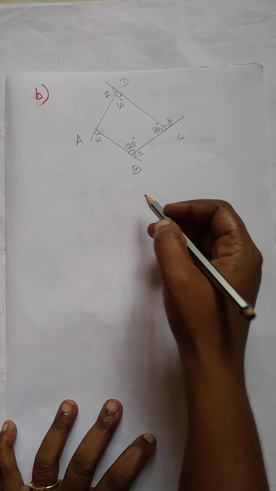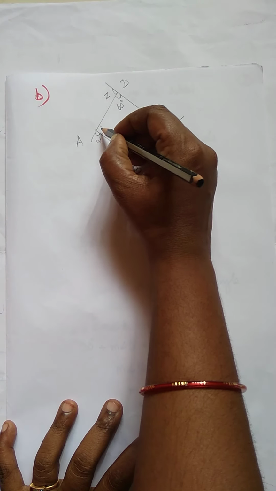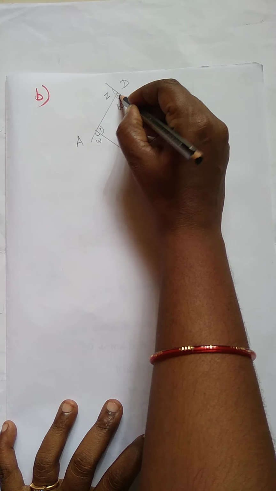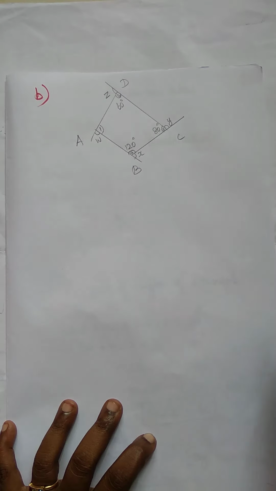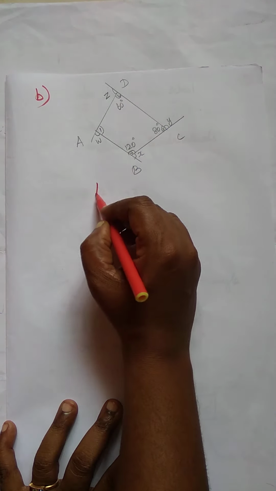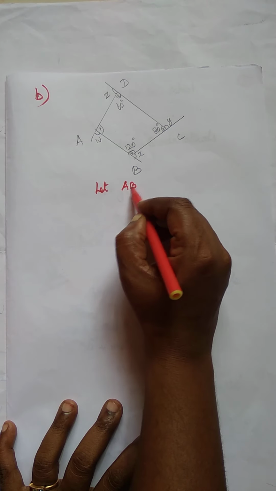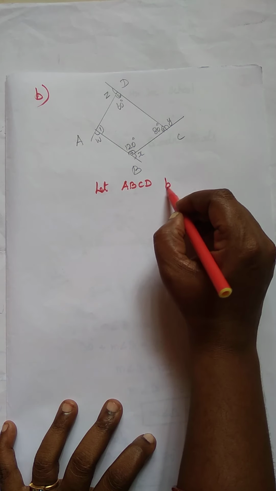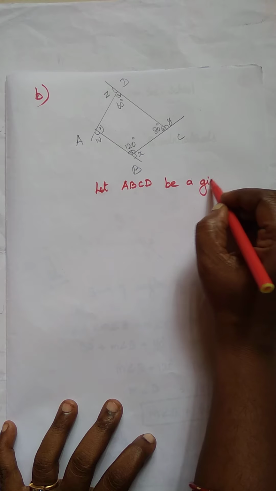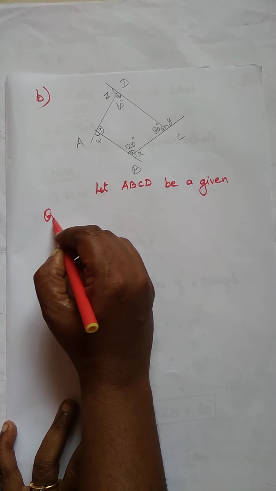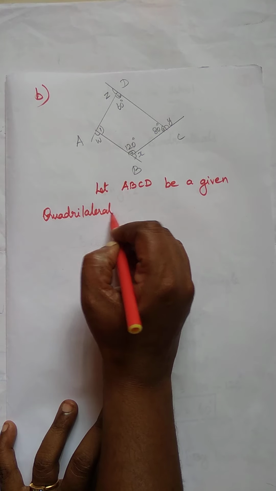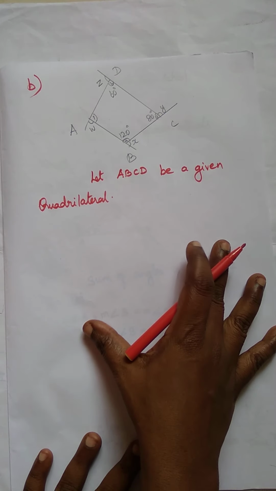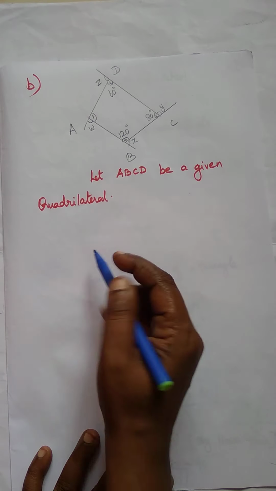So now we take the interior angles, this angle is 1 அப்படின்னு எடுத்துக்கிறோம். It is 2. This one is 3. This one is 4. Totally 4 interior angles are there. Okay. So now we write that let ABCD be a given quadrilateral. Okay. Now sum of angles of a quadrilateral. What is that?